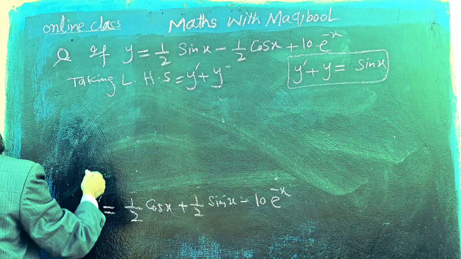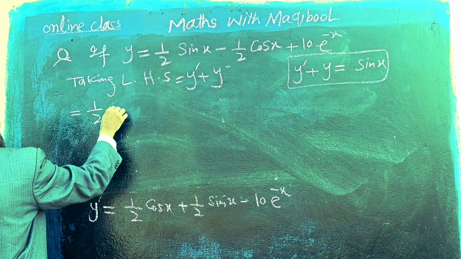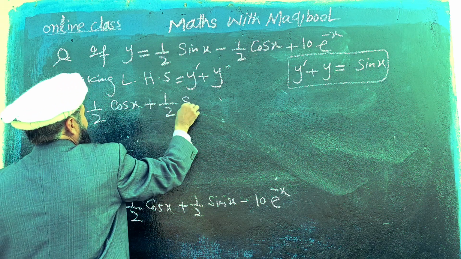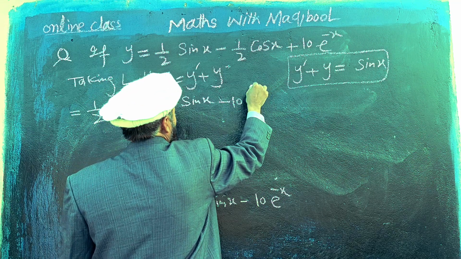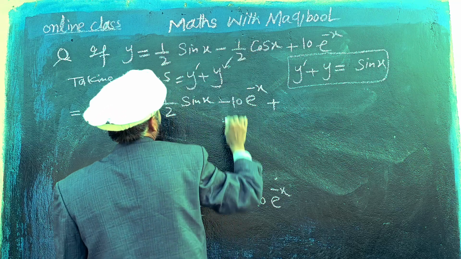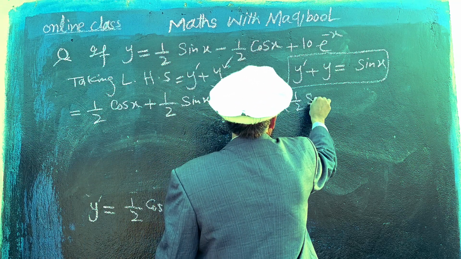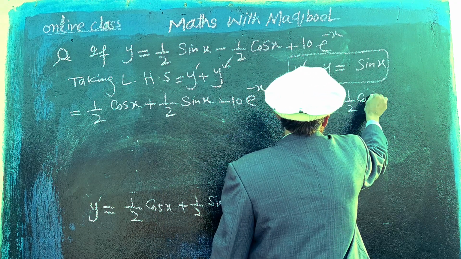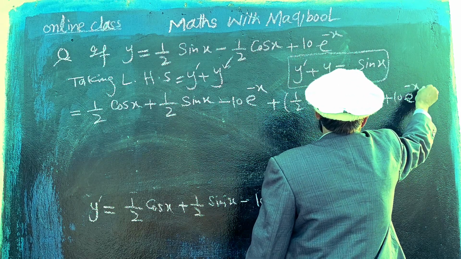So we substitute this result of y dash: 1 by 2 cos x plus 1 by 2 sin x minus 10 e exponent of minus x. Further, plus the value of y we substitute, and here y is 1 by 2 sin x minus 1 by 2 cos x plus 10 e power minus x.